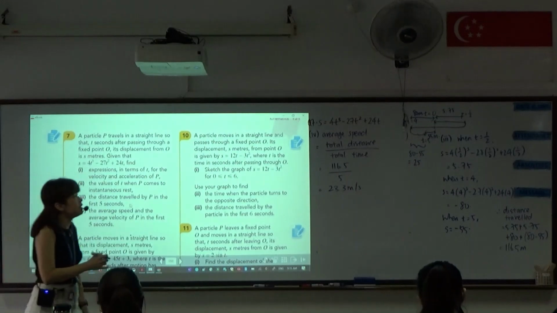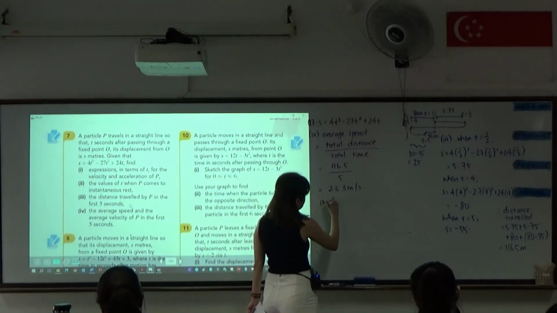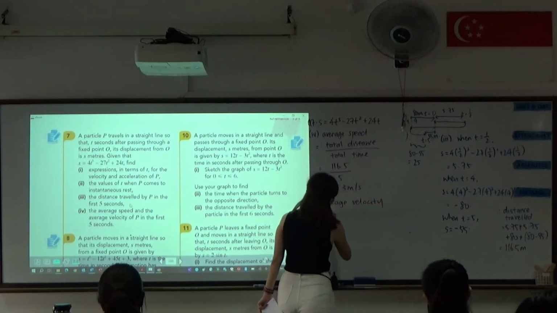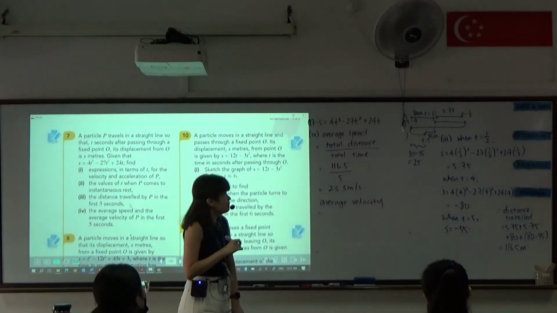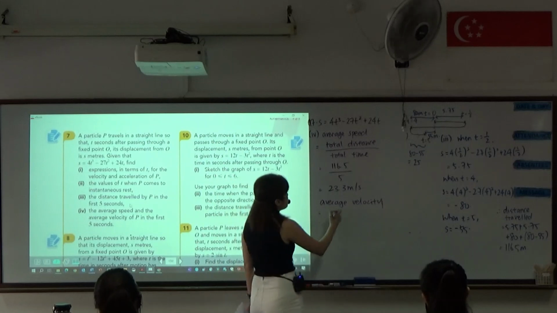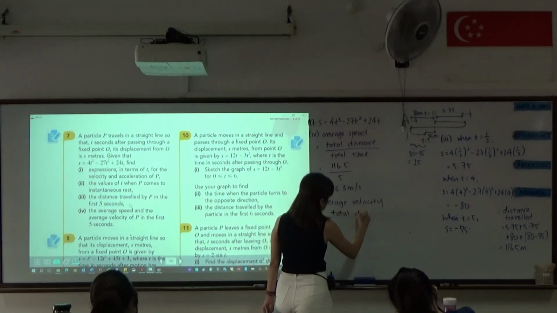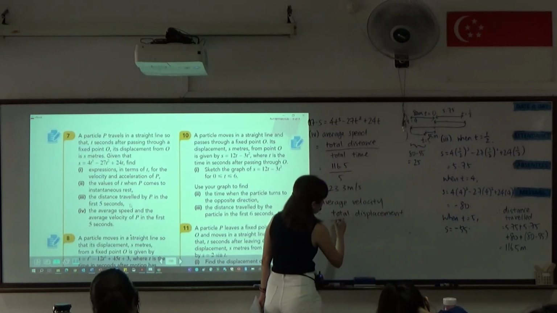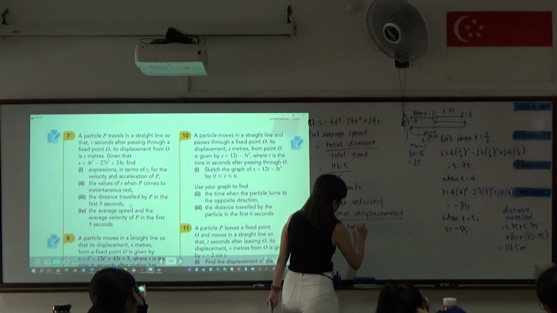For average velocity, velocity is a vector quantity, so it will have to be total displacement, the corresponding vector quantity, over total time.